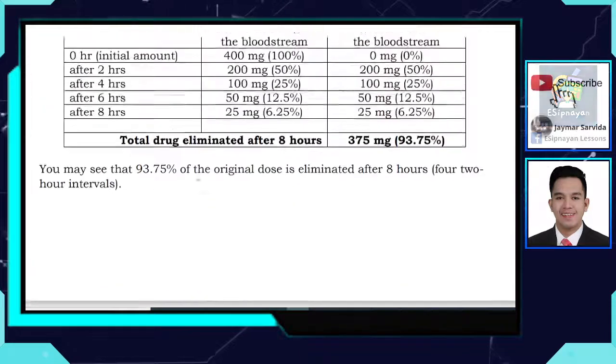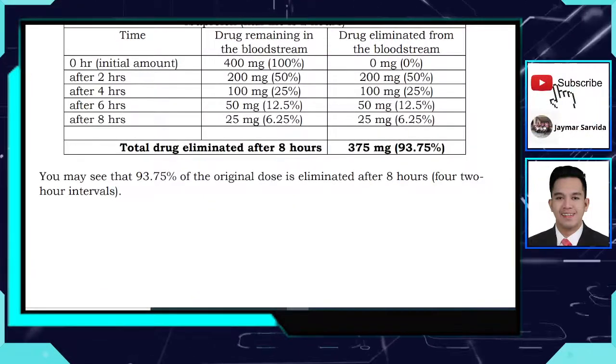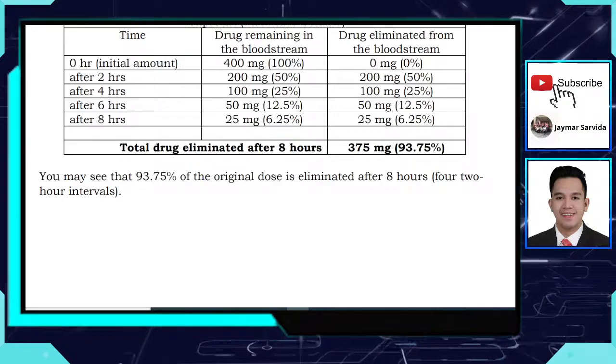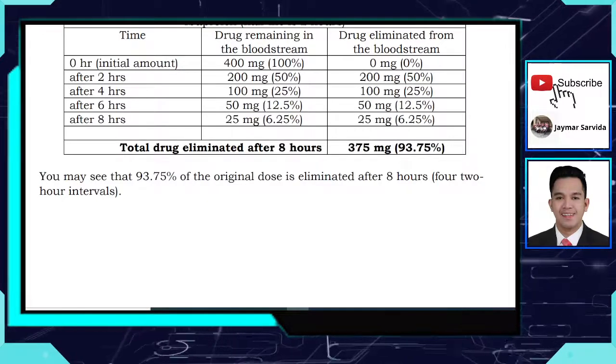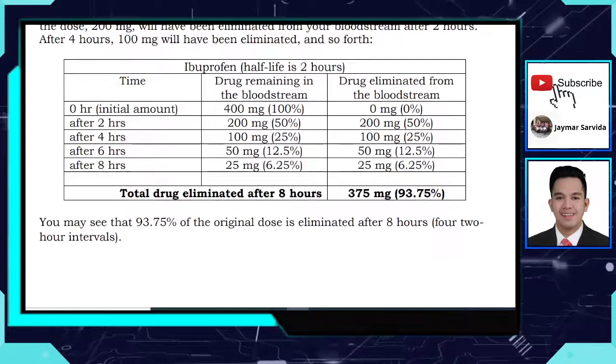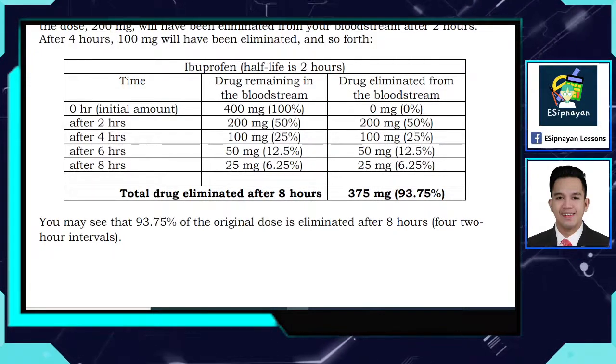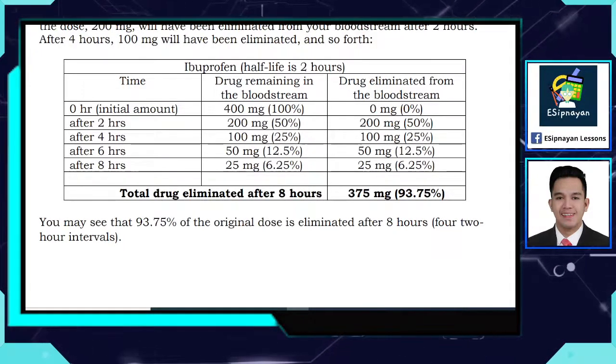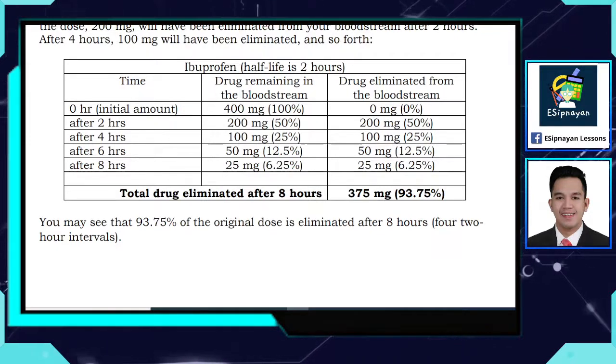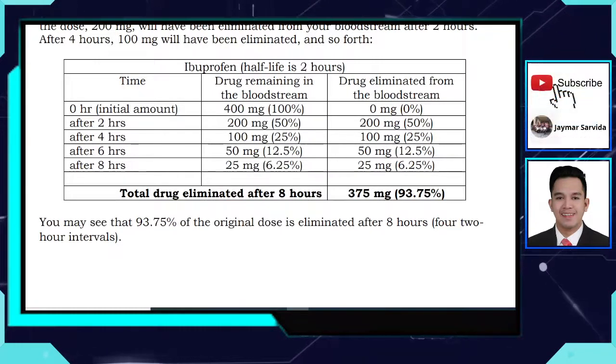Okay, so dito sa 8 hours, 25 milligrams na lang yung natitira sa kanyang bloodstream. 25 na lang, 25 milligrams. So nawala na ang 350 milligrams. Okay, so yun after 6 hours. Then after 8 hours, nawala na yung 375 milligrams.